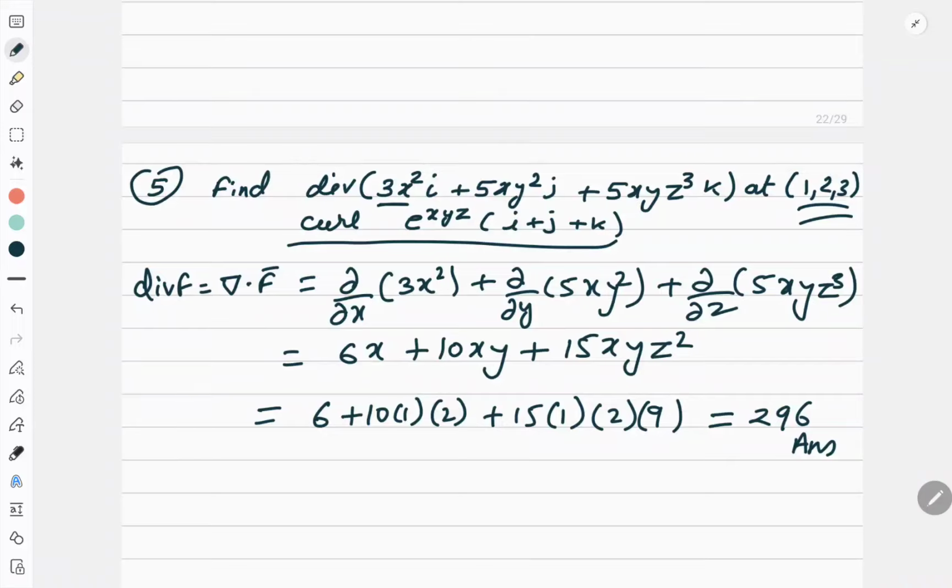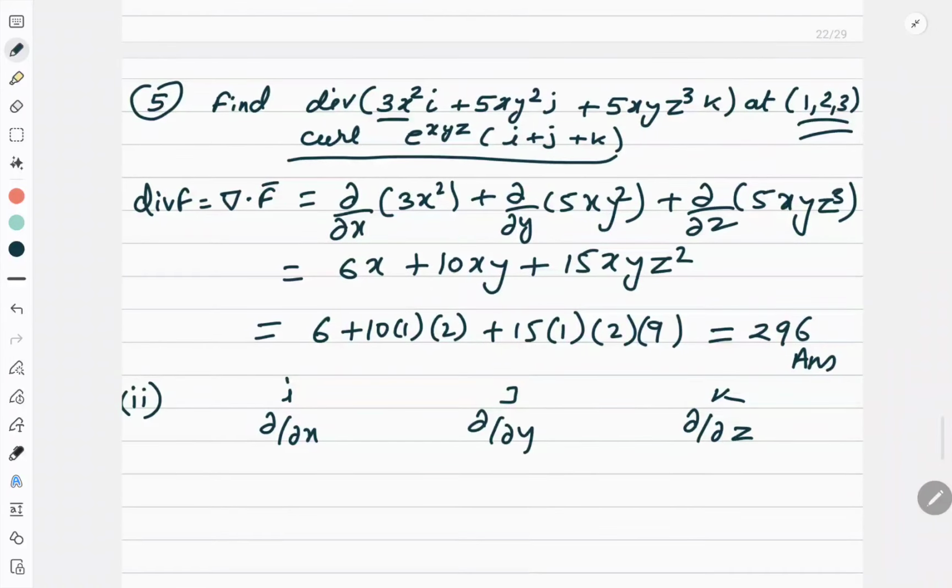So curl of this function, when I am doing the second part. Curl means the determinant with i, j, k; dou by dou x, dou by dou y, dou by dou z; and the coefficient of i is e to the power xyz, coefficient of j is e to the power xyz, coefficient of k is e to the power xyz. Okay.